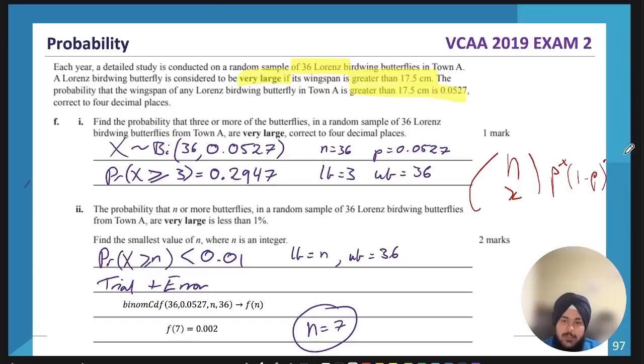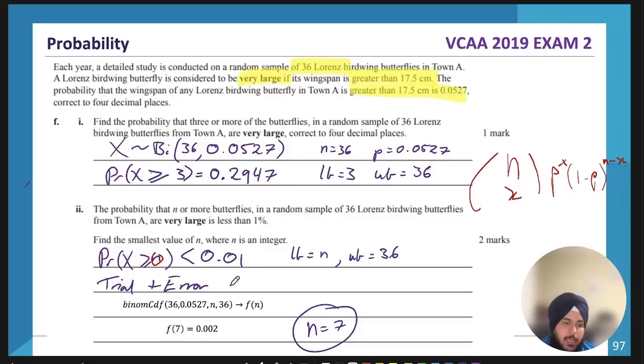In this case, n represents x. So you don't know what x is, but we do know what n is, we do know what p is, and we don't know what n minus x is. So what you can actually do in this case is use a little bit of algebra, basically.